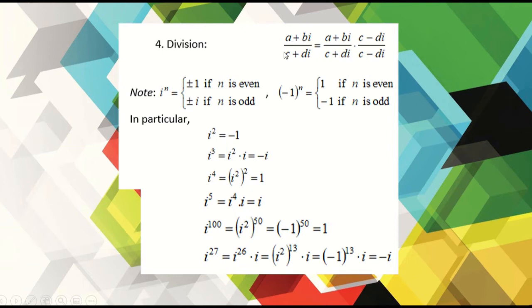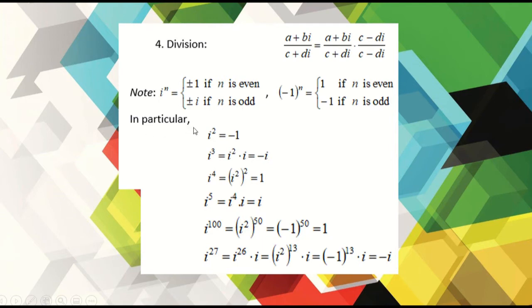A plus bi all over c plus di is equal to a plus bi all over c plus di multiplied to c minus di over c minus di. So note, we have here I to the power of n that is equal to positive or negative 1 if n is even. Then positive and negative I if n is odd. Another, we have negative 1 to the power of n. The result would be 1 if n is even and negative 1 if n is odd.